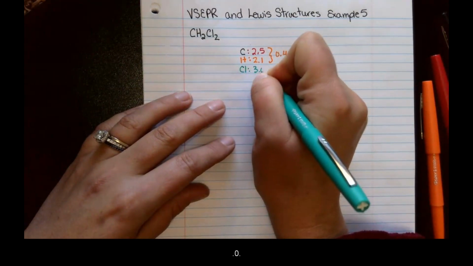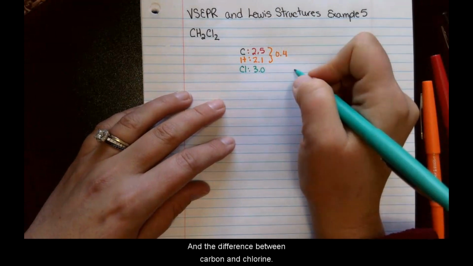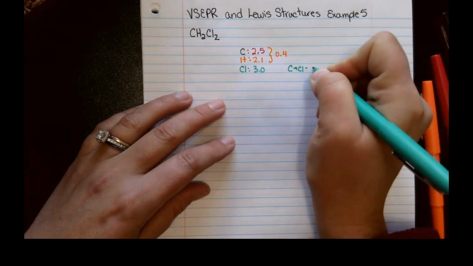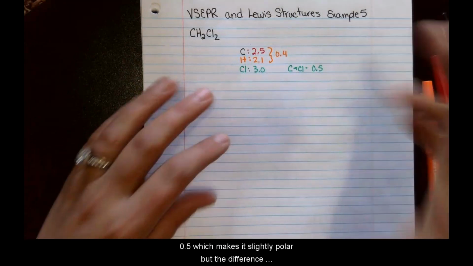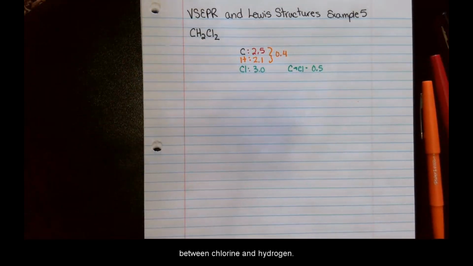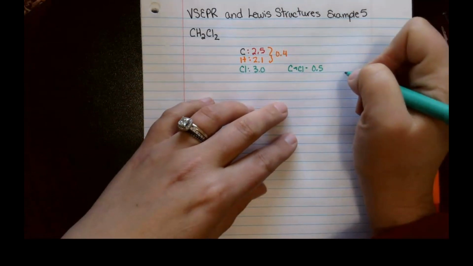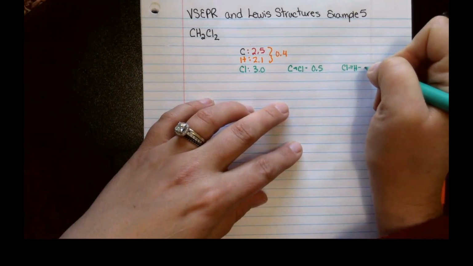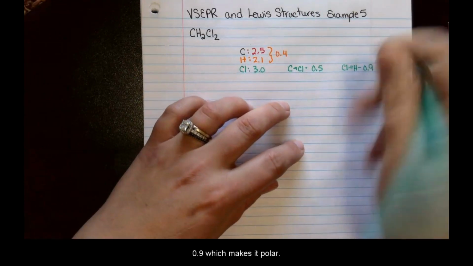which is 3.0, and the difference between carbon and chlorine is 0.5, which makes it slightly polar. But the difference between chlorine and hydrogen is 0.9, which makes it polar.